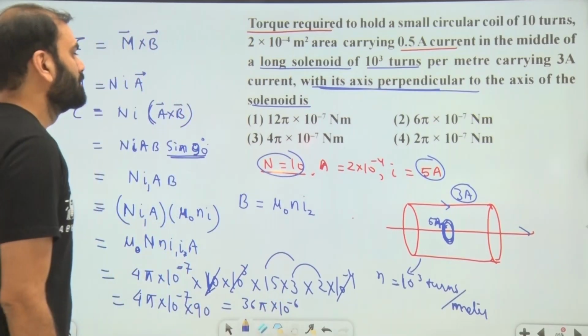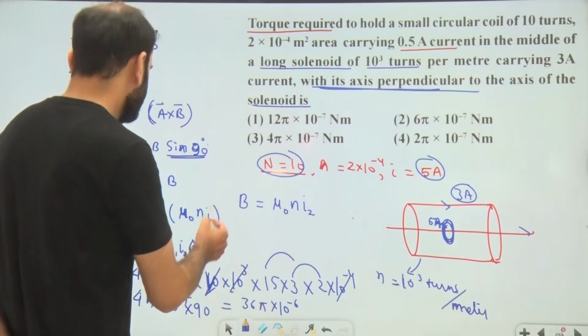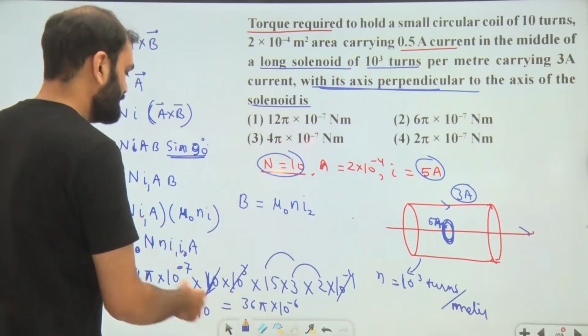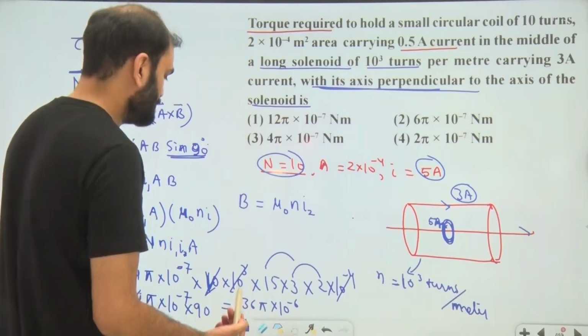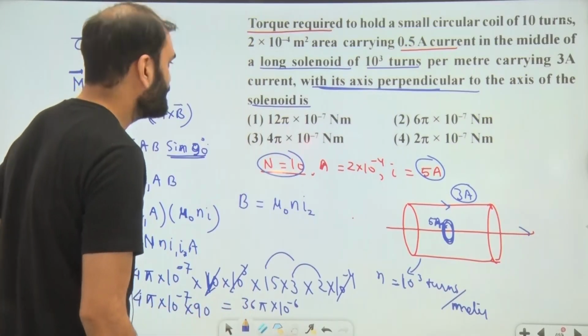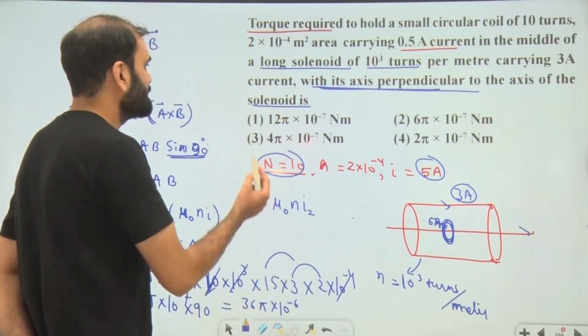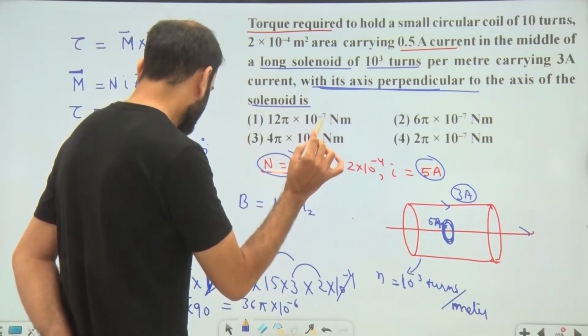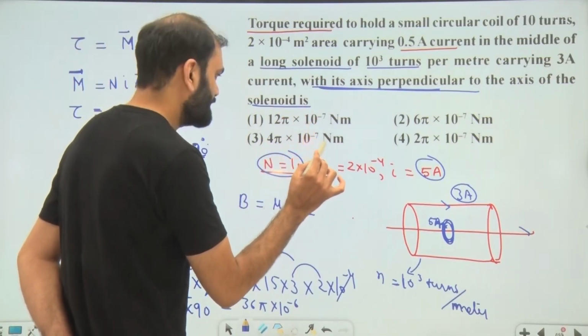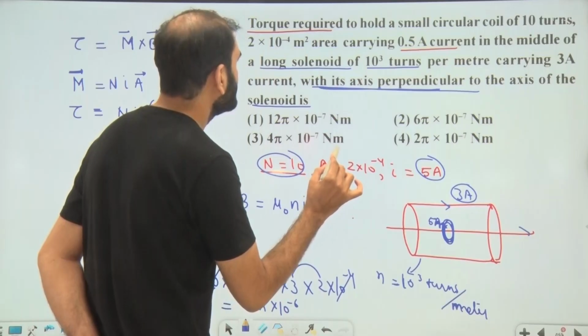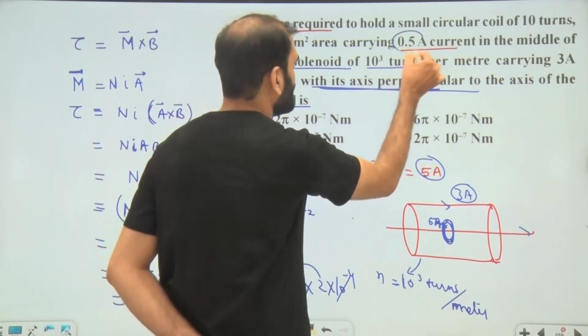The answer is the torque in Newton meter. Just check it out: the current is not 5 ampere, it is 0.5 ampere.